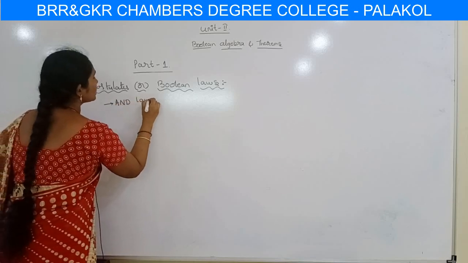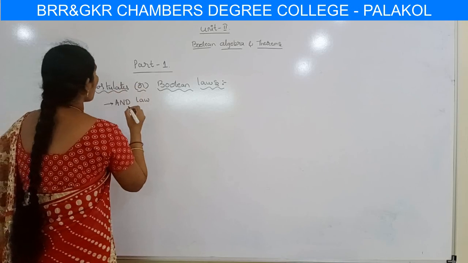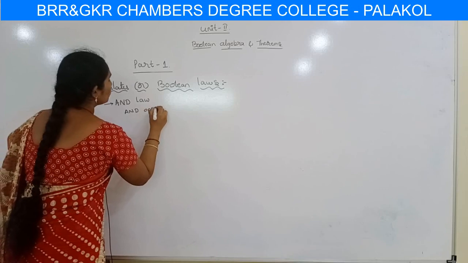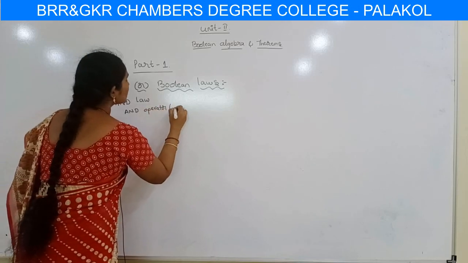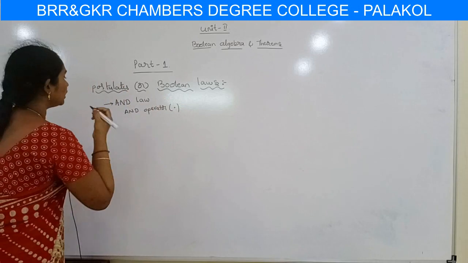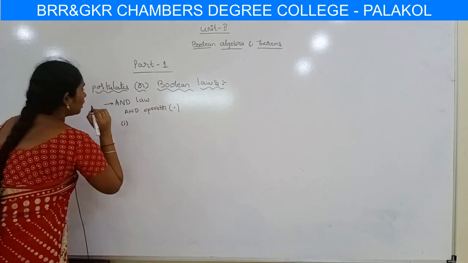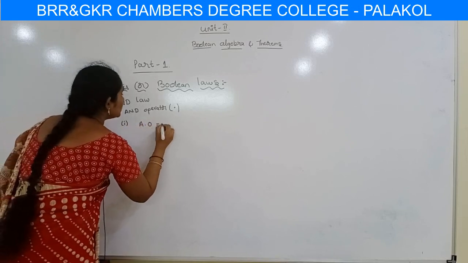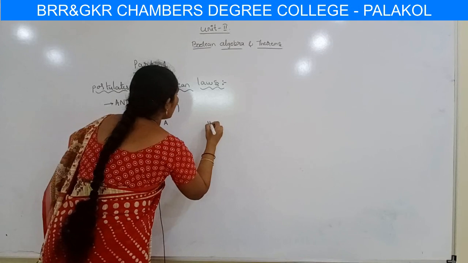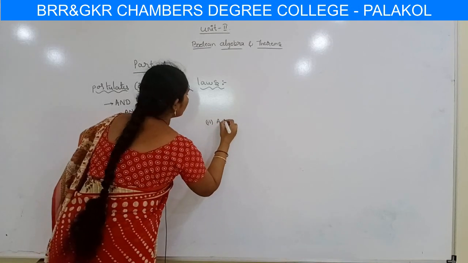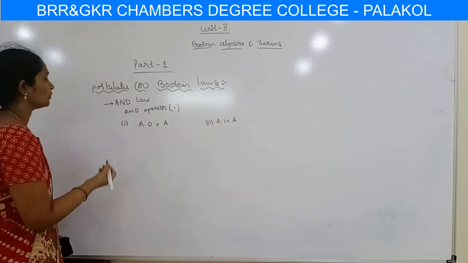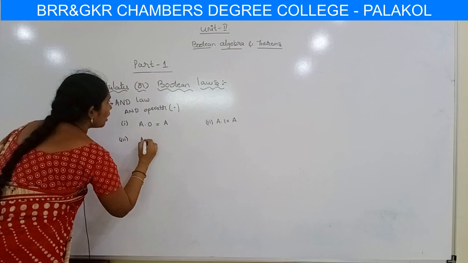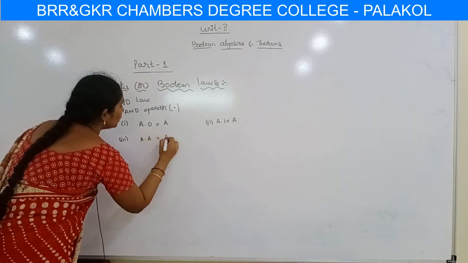The AND operator is the dot operator. The first law in this AND law is A dot 0 is equal to 0, and the second law is A dot 1 is equal to A. The third law is A dot A is equal to A.